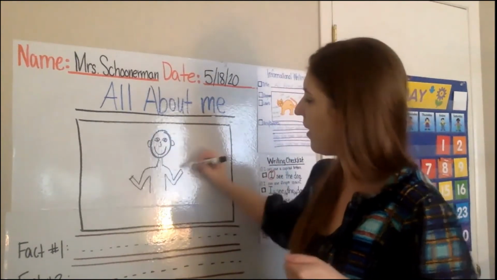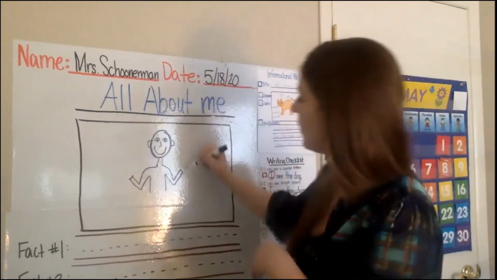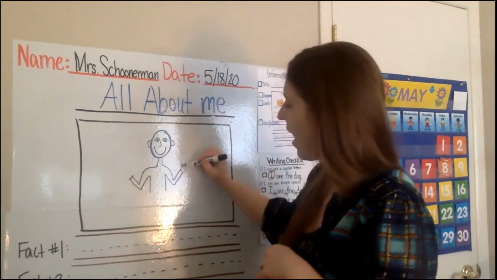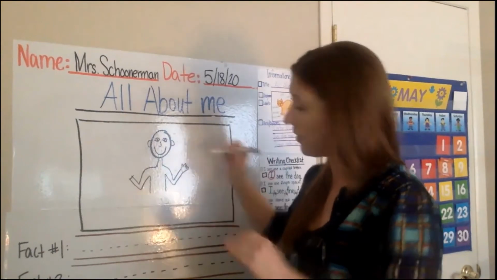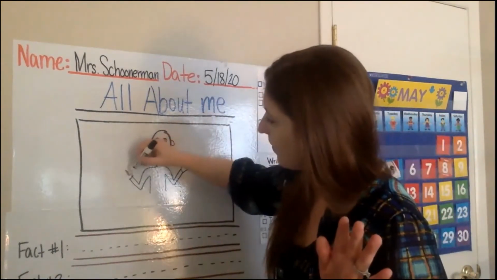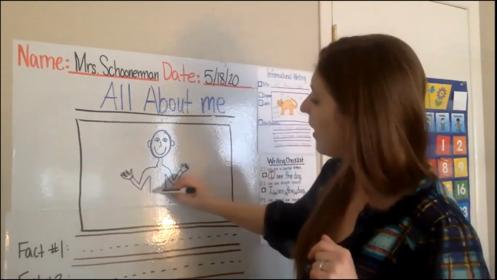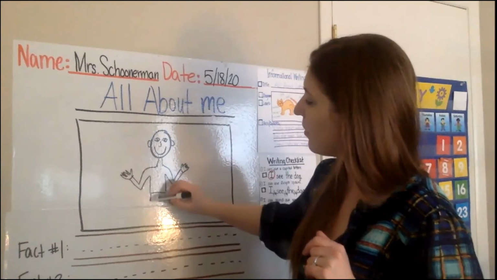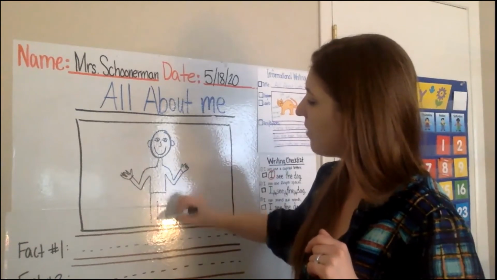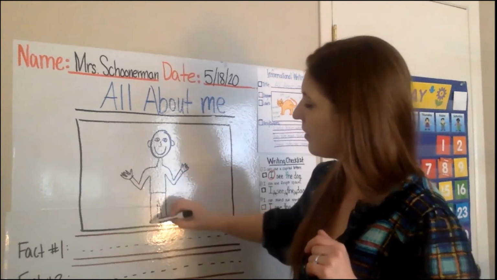And on my arms at the end, I've got hands. So I'm going to add my hands with 5 fingers, because I have 5 fingers on each hand. And then I'm going to go ahead and draw my legs down here. There's my tummy.